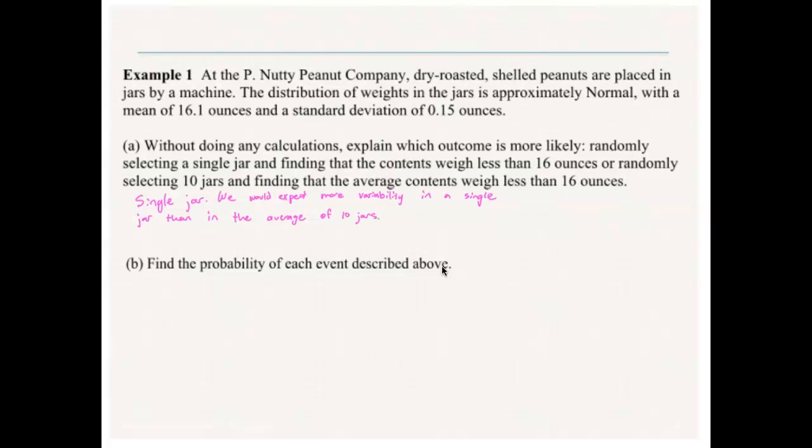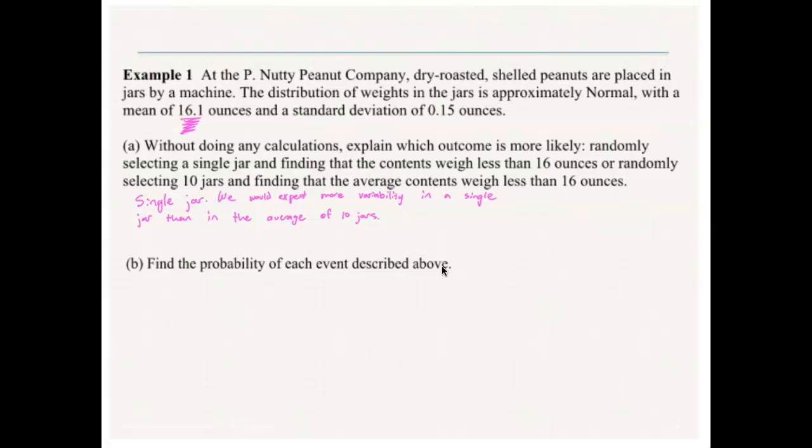Right? So averaging 10 jars is going to be more likely to be closer to the true mean, which is 16.1 ounces. So there would probably be more variability if you just selected a single jar.